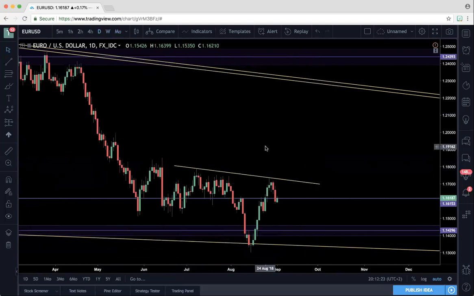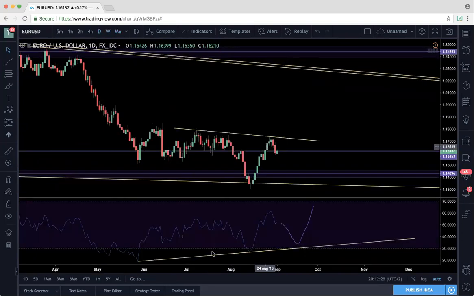On the RSI, I have something going on. As you can see, I have this upward trend line. This is a very neat trick that I use. Price is respecting this trend line, and we may possibly see price come to test this trend line even on the RSI.